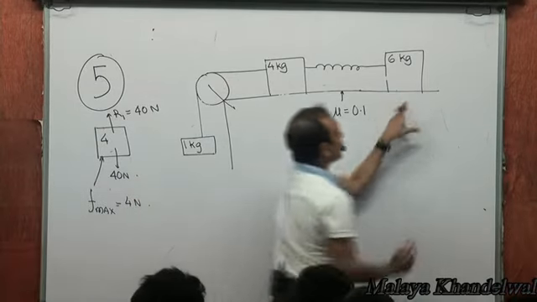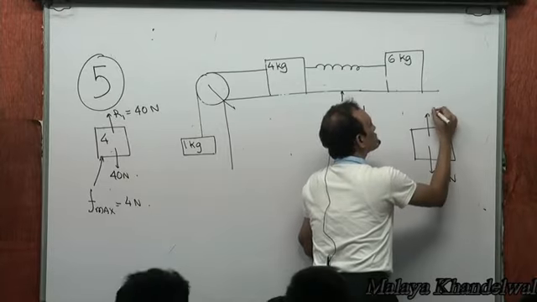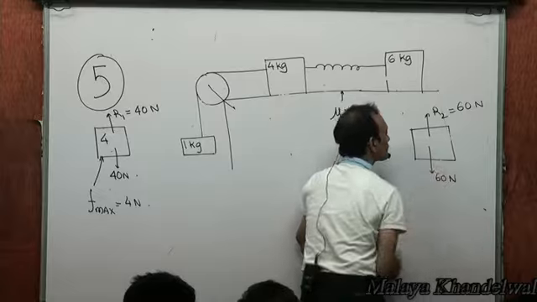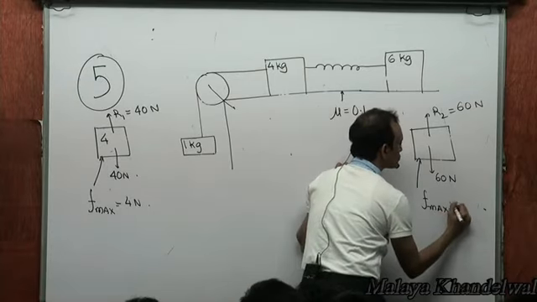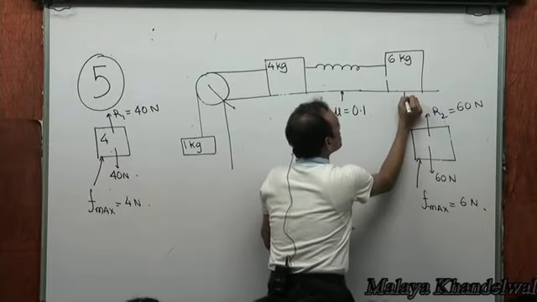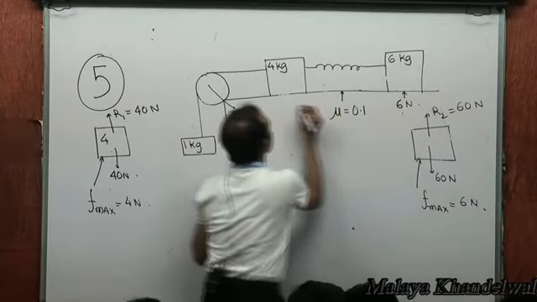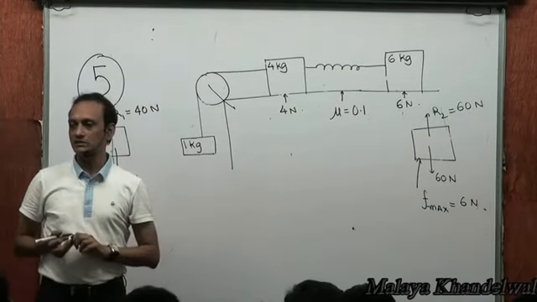Between the 6 kg block and the ground, normal reaction R2 is 60 newtons, so f max here is going to be 6 newtons. So the maximum static friction between this block and the ground is 6 newtons, and for this block it is 4 newtons. That's given.